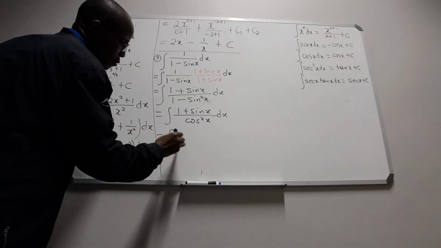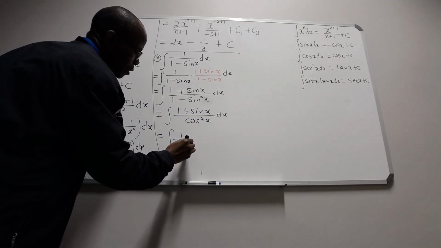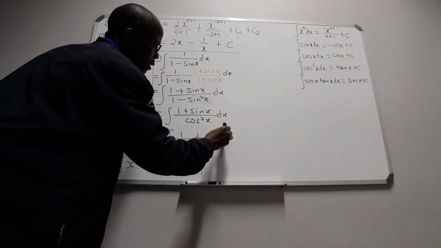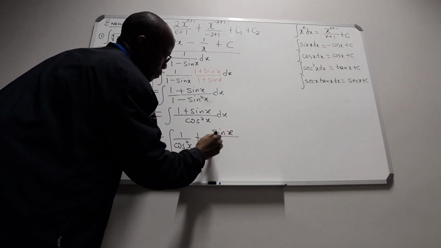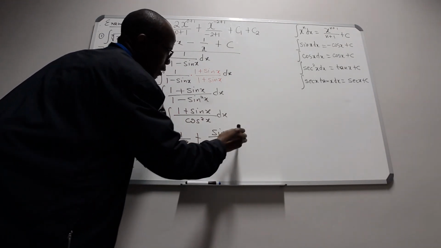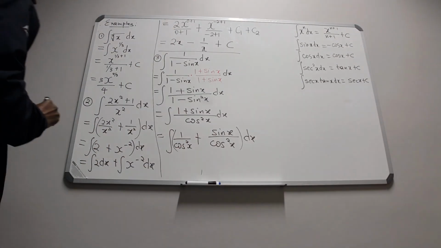which is going to give us the integral of 1 over cosine squared of x plus sin x over cosine squared of x, like that, all this dx.